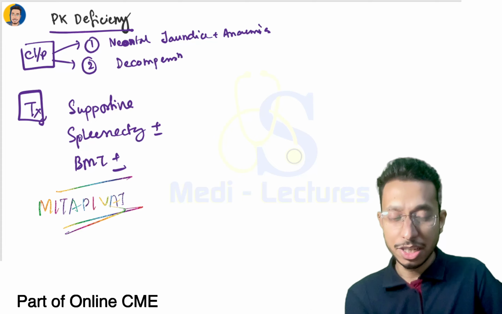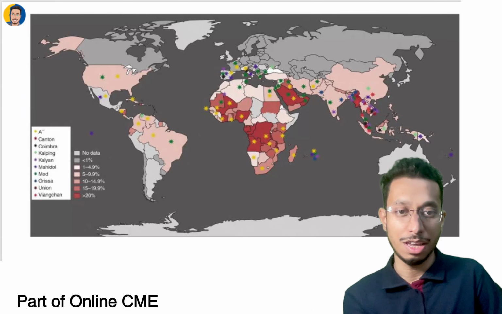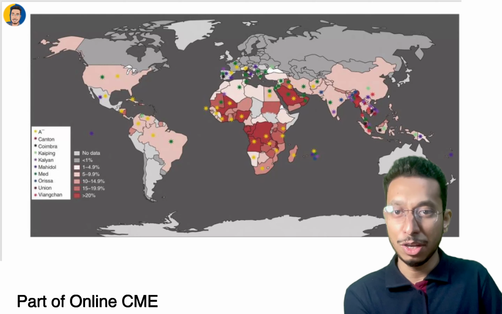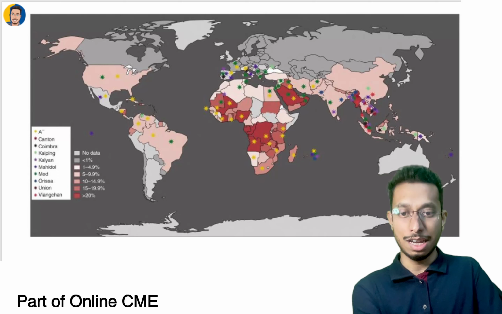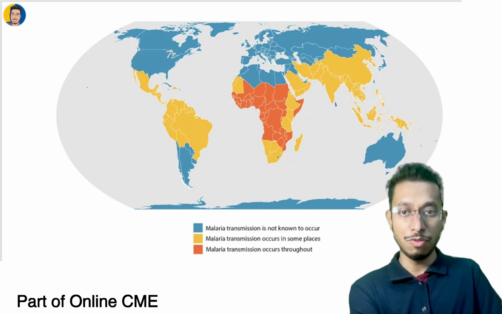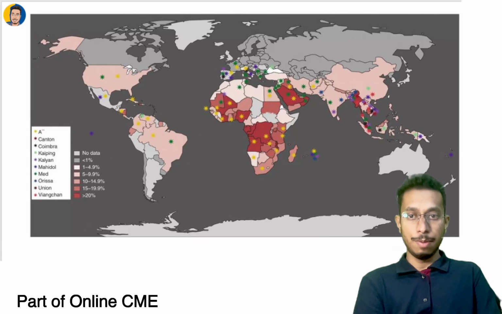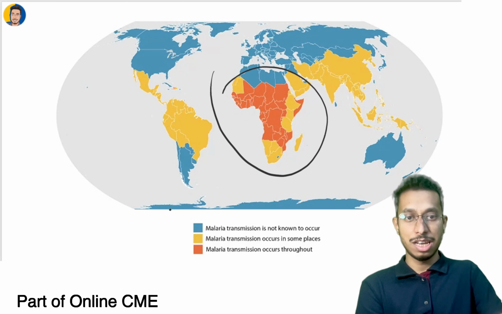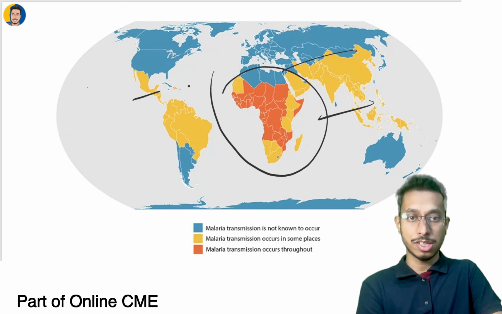Now let's move to the next disorder of this enzymopathy, which is very important for us to understand. Before moving to this disease, let's look at these two maps. Can you find the similarity? Yes. In both maps, Africa is the most majorly involved, followed by the Asian part as well as the South American part.